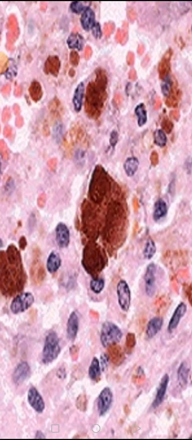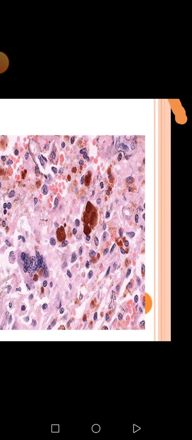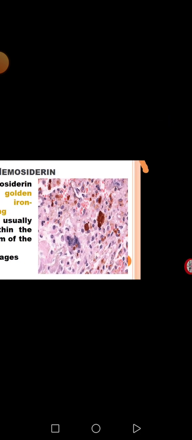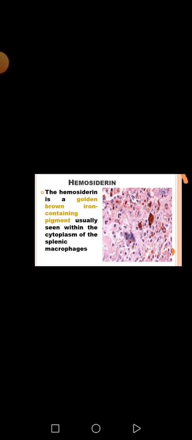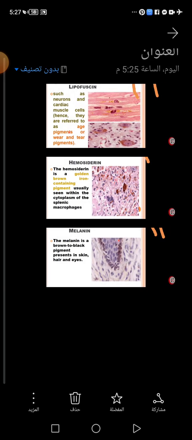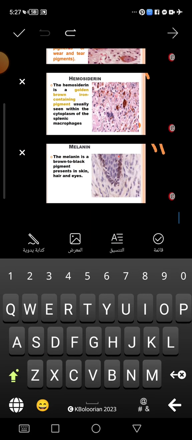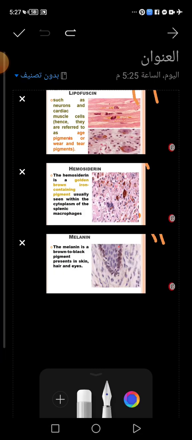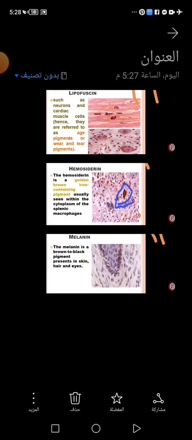As you see, this spot is the hemosiderin. Let me draw on it. I circled it here. This is the hemosiderin.